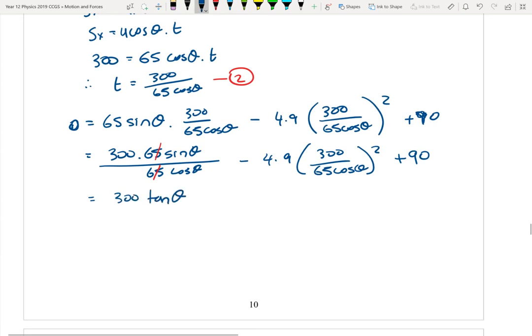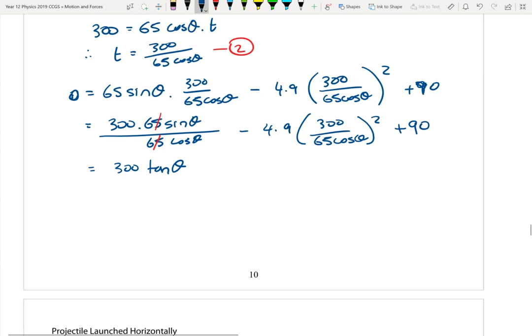So we needed that first trig identity. Okay, minus, I'm running out of room here, 4.9, 300 times 1 on 65 cos, oh wait, hang on, I'm stuffing up my maths. 300 on 65 cos theta squared plus 90.